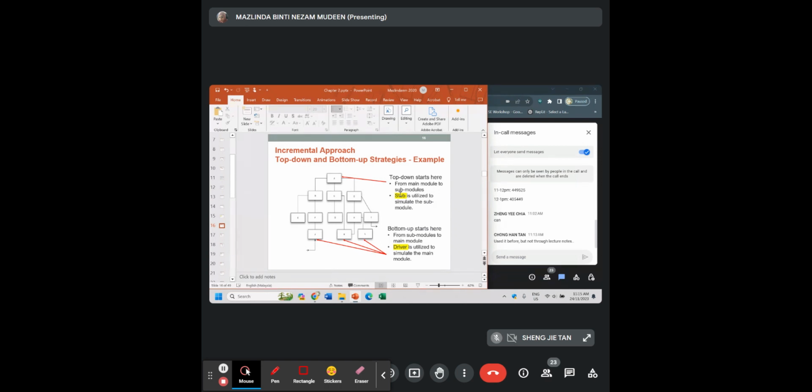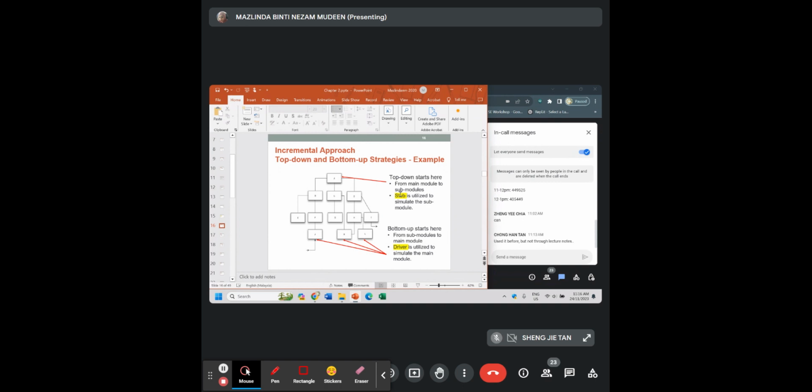On the opposite side, when we do the bottom-up strategy, it means we have already completed the bottom part. So this strategy is based on where we have completed and where we can start the testing. When it comes to bottom-up, it means we have done the lowest level module, so we will start from there.